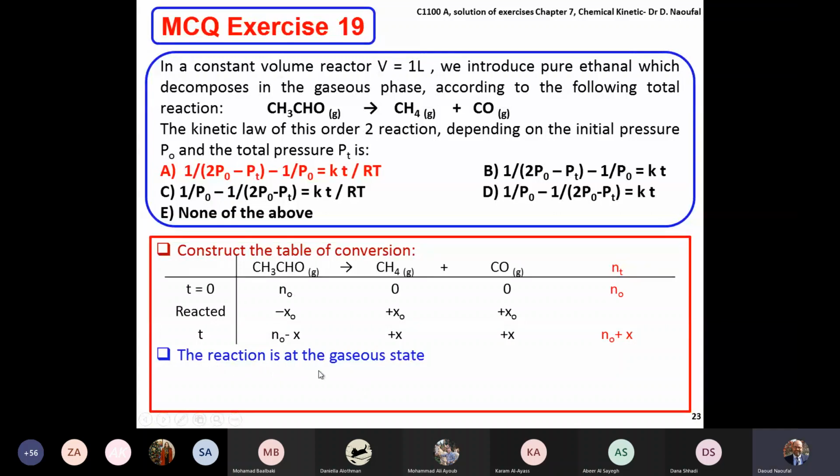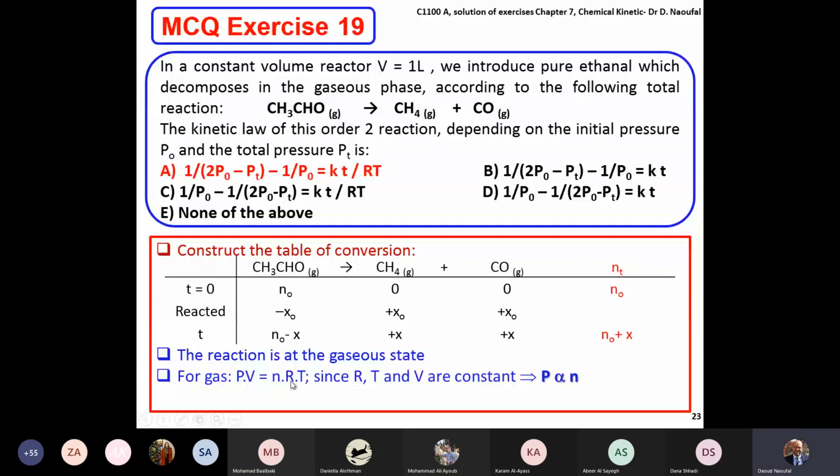Since the reaction is in the gas state, now I will pass from number of moles to the pressure. And pay attention again, it's not allowed to convert the number of moles to concentration if the volume is not constant. And from the number of moles to the pressure, we also have to justify some conditions. For a gas, PV equals nRT.